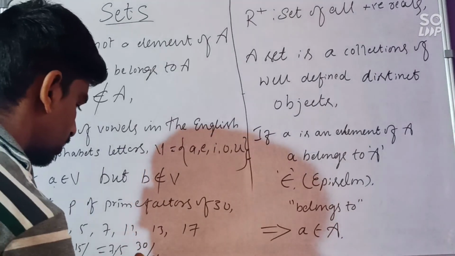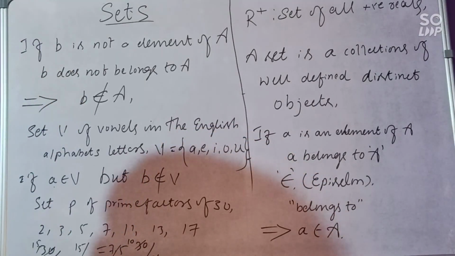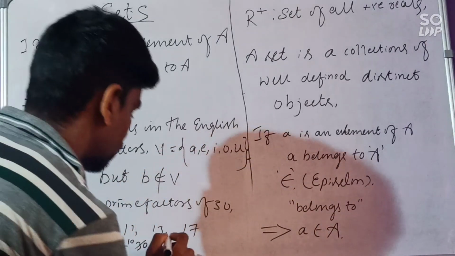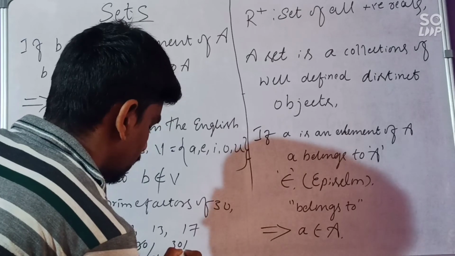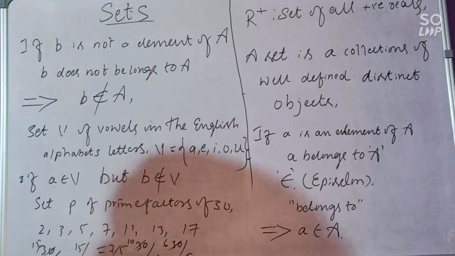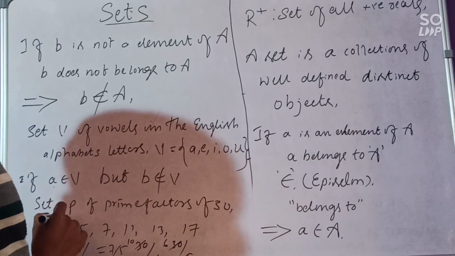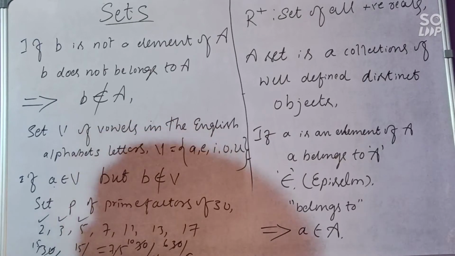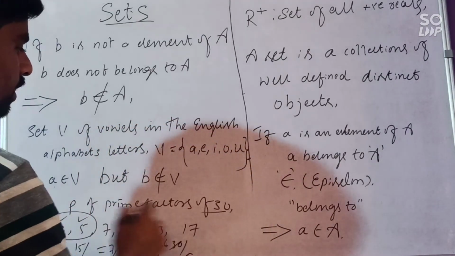Okay, next 30 also divides by 3. Yes, 3 tens are 30. Okay, next 30 also divides by 5. 5 sixes are 30. So if so, 2, 3 and 5, these are all the prime factors of 30 only.